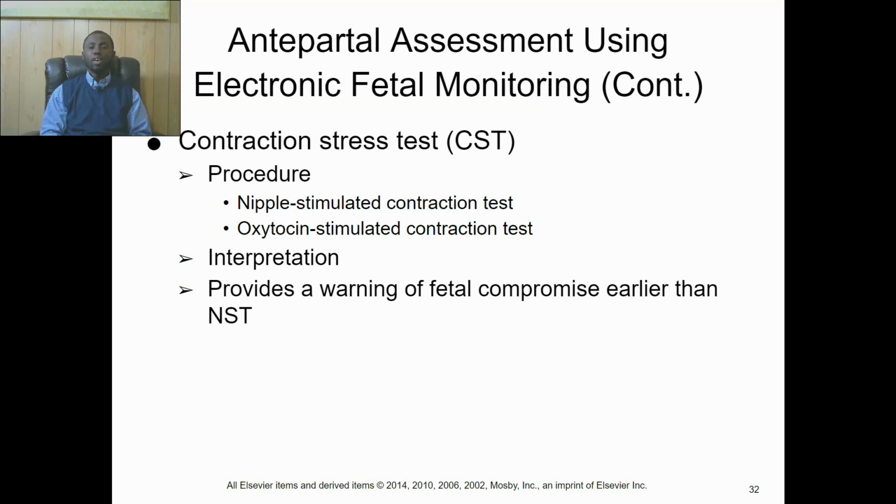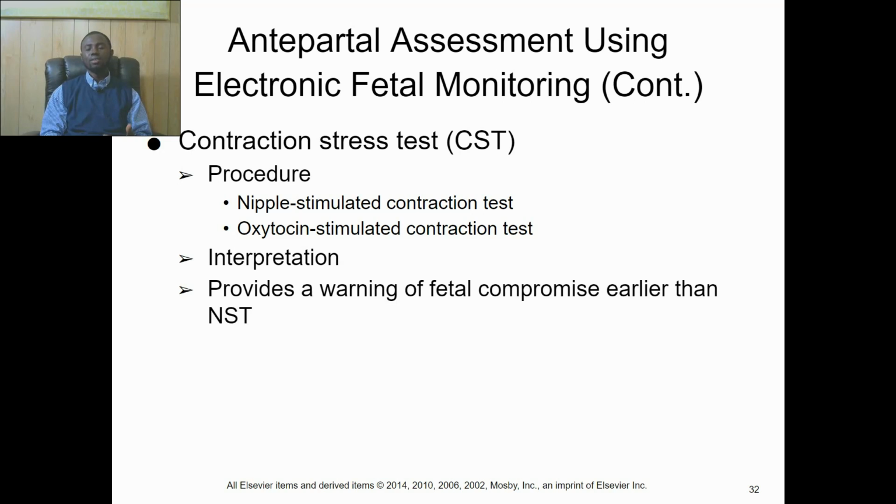There are 2 main forms of the contraction stress test. Number 1 is the nipple stimulated contraction test, where the pregnant mother stimulates or massages one nipple for at least 10 minutes. And then you also have the oxytocin stimulated contraction test.